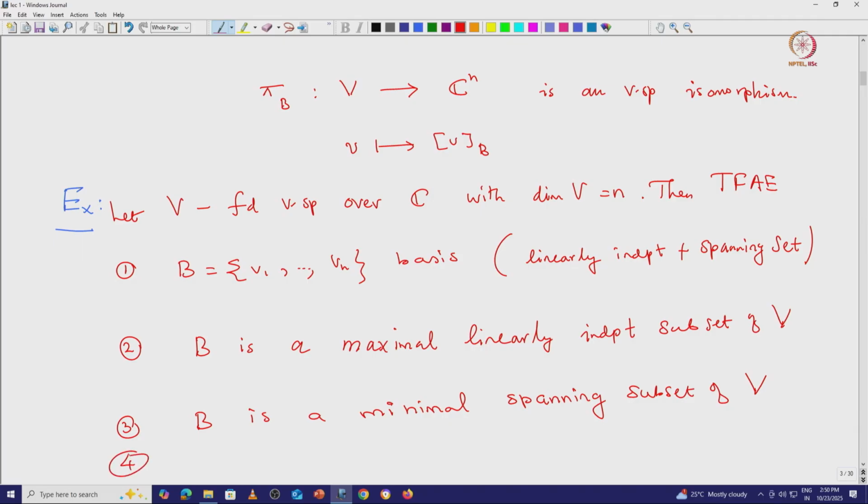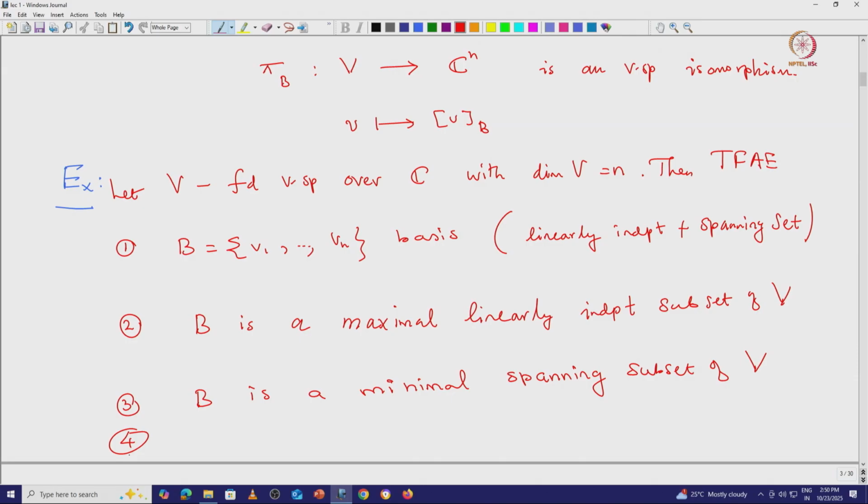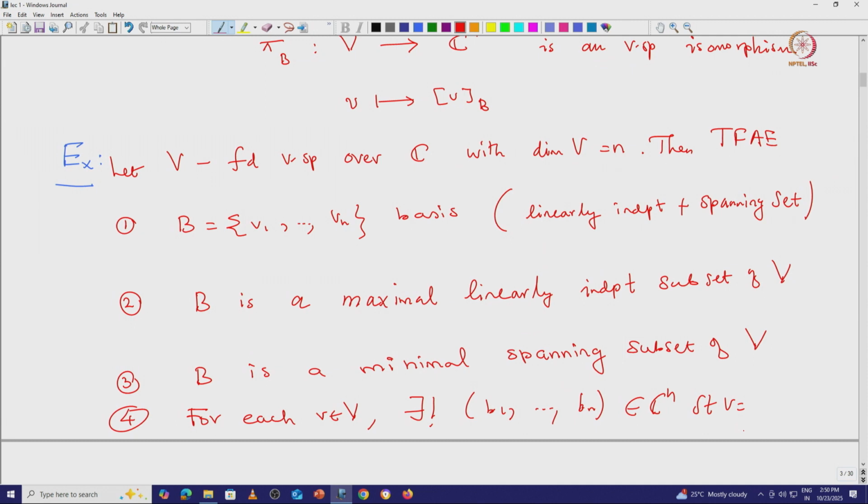Let me write it here: for each v in capital V, there exist unique b1 etcetera bn in C^n such that v can be written as a linear combination of the vi's, b1 v1 plus etcetera plus bn vn. This is a basic result that I assume everyone knows from linear algebra.